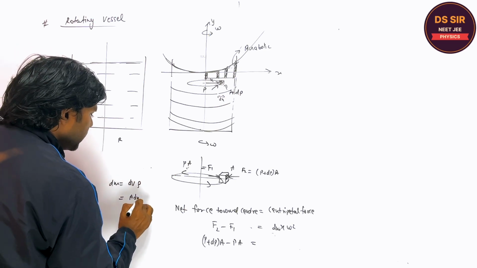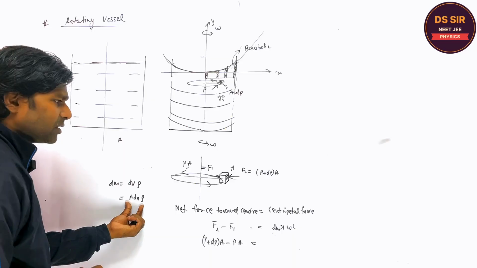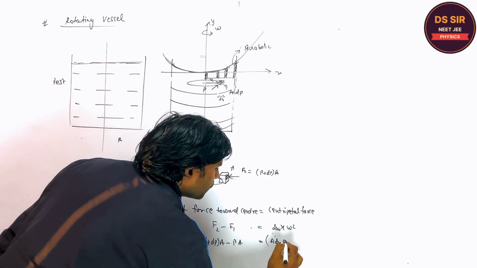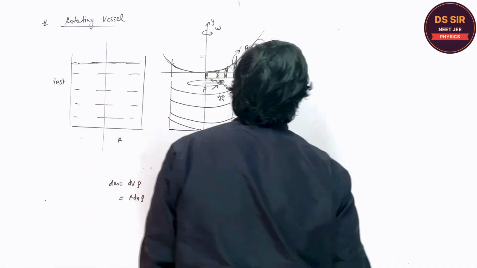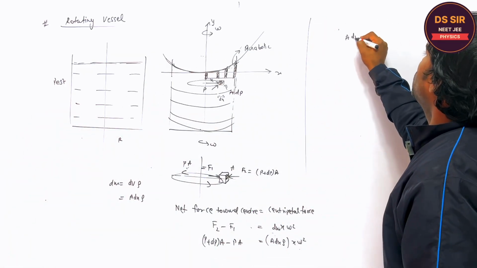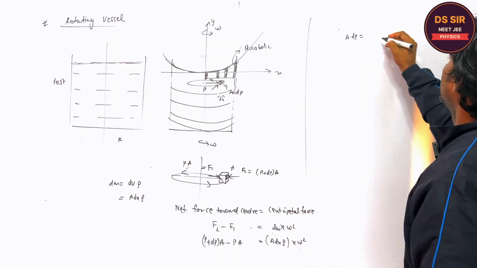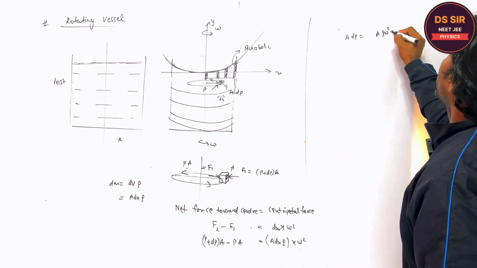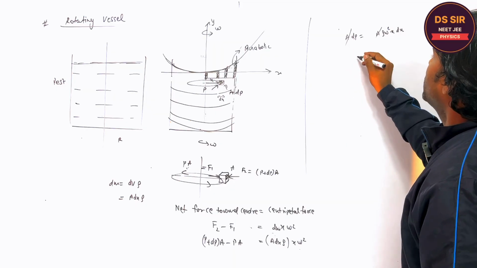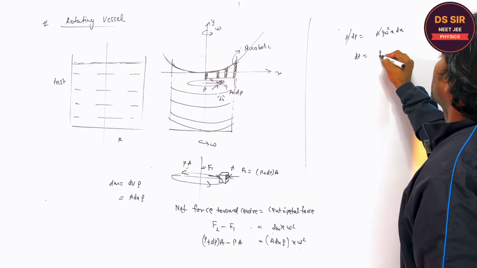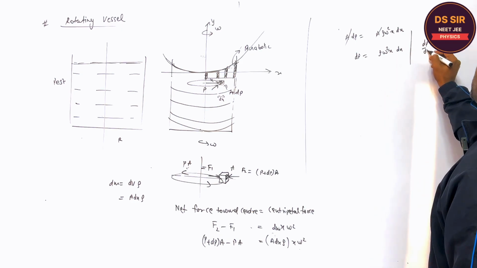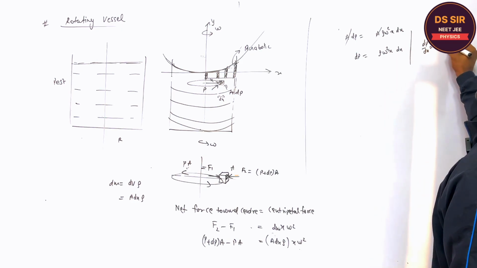Volume is A into dx, into rho. So dm is equal to A dx rho, and the centripetal force is A dx rho x omega square. So A dP is equal to A rho omega square x dx. A will cancel out. So this is the differential equation we are getting, or sometimes dP upon dx is equal to rho omega square x.